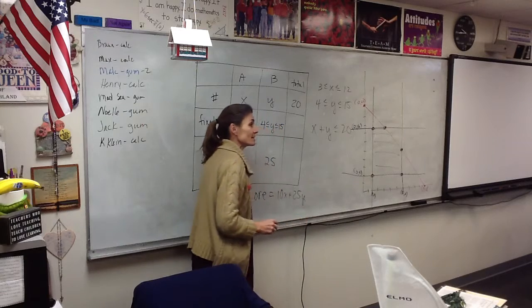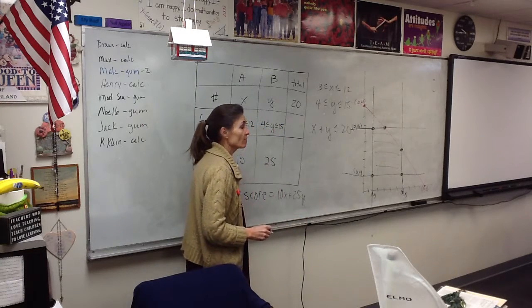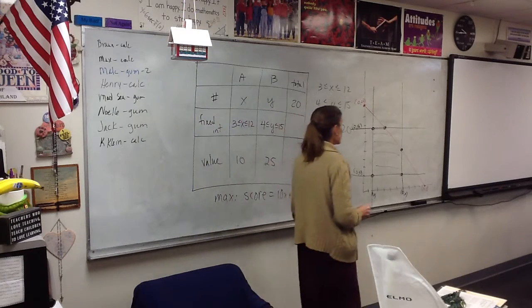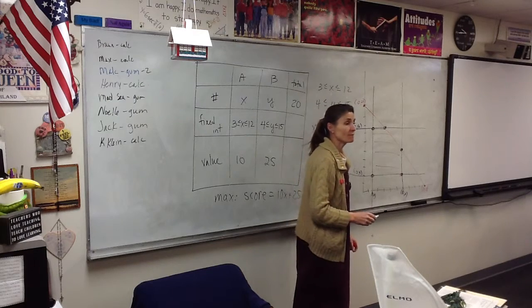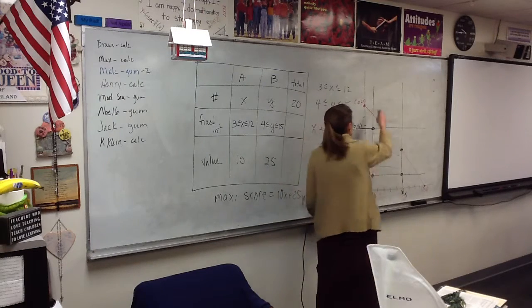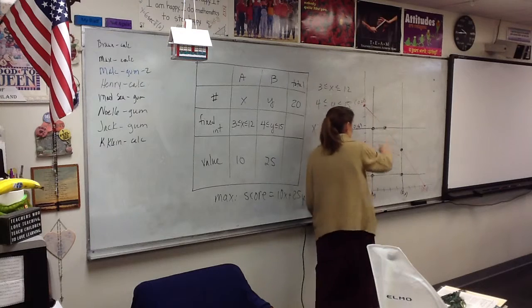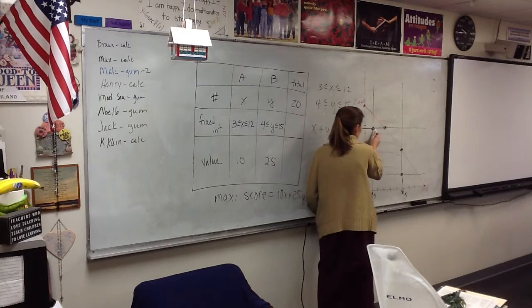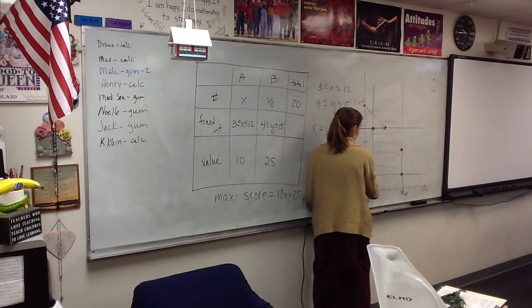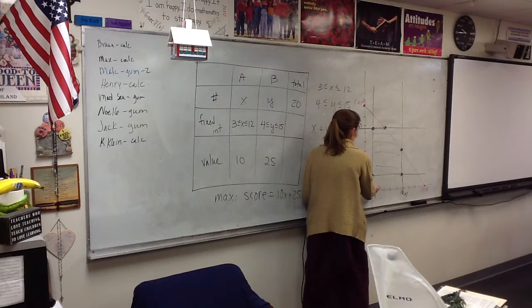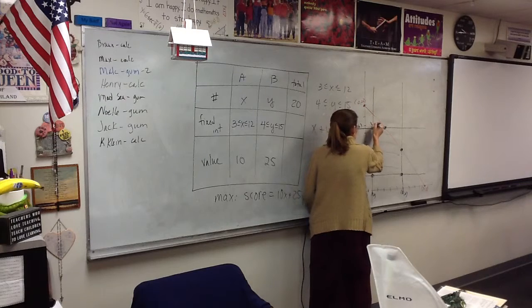All right, what's the next step? Yeah. Find the points. Now remember, if they're horizontal and vertical lines, they're easy. This line right here, what can you tell me about this x-coordinate? 3. Well, the y is 15 and the x is 3.